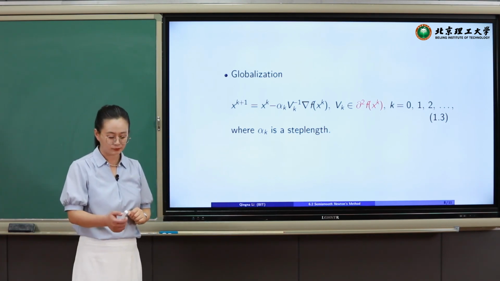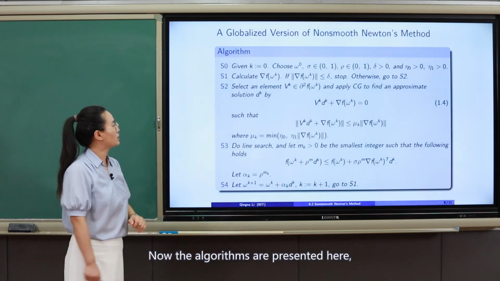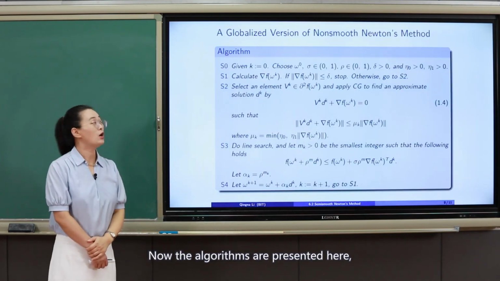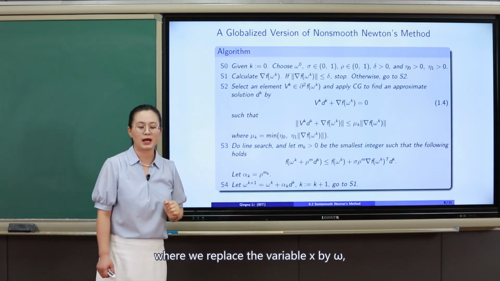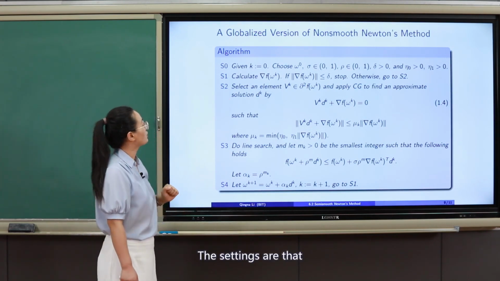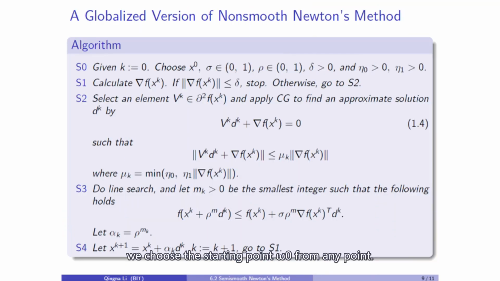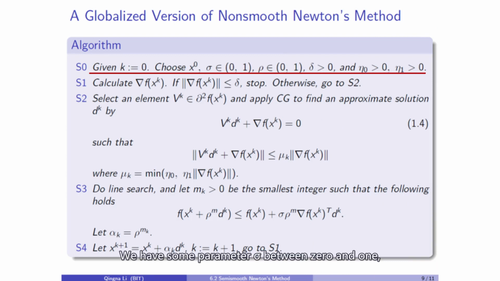The algorithm is presented here, where we replace the variable x by omega. We choose a starting point omega 0 from any point, and we have some parameters: sigma between 0 and 1, a ratio rho between 0 and 1, and eta 0 and eta 1.